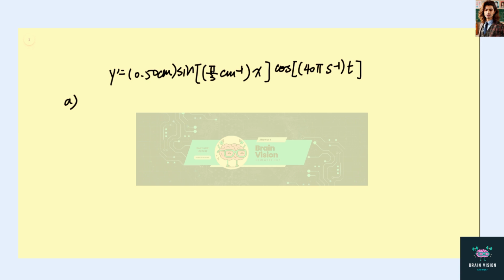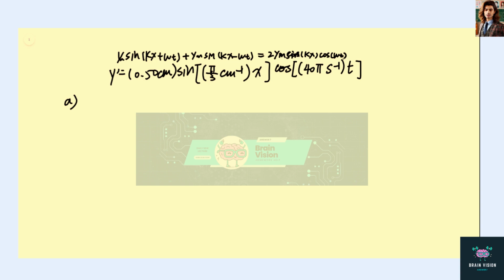When we have two waves together, ym sine(kx plus omega t) and ym sine(kx minus omega t), their solution becomes 2 ym cosine(kx) cosine(omega t).